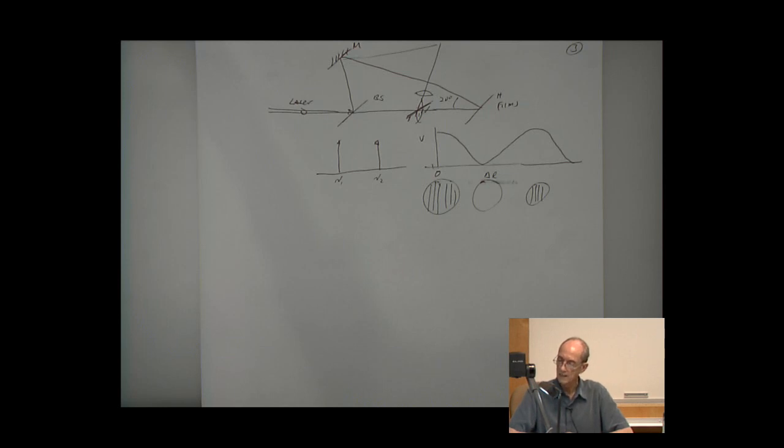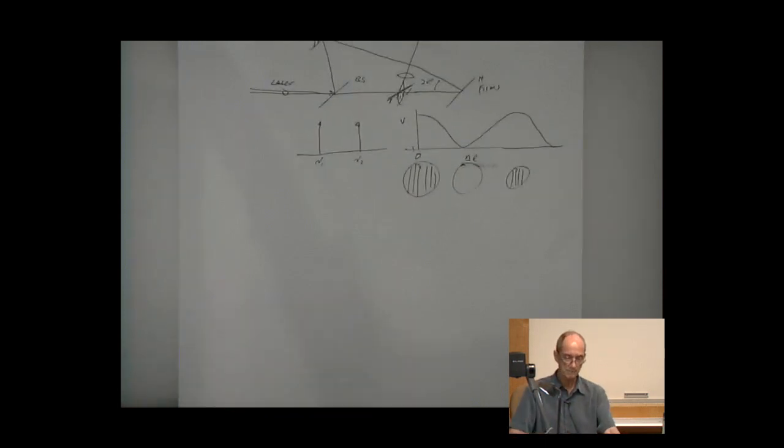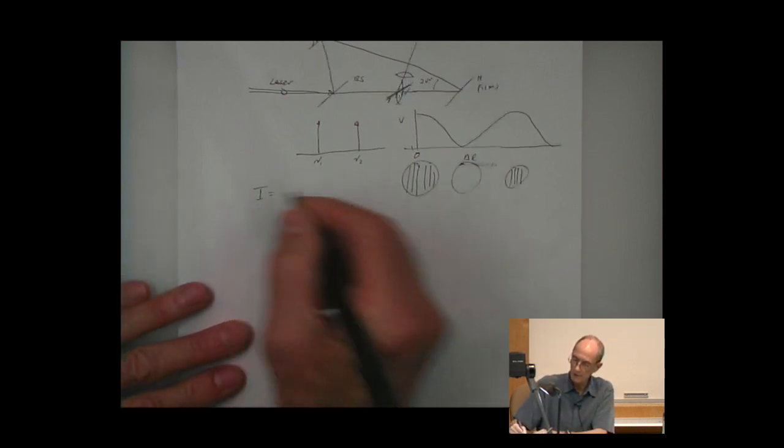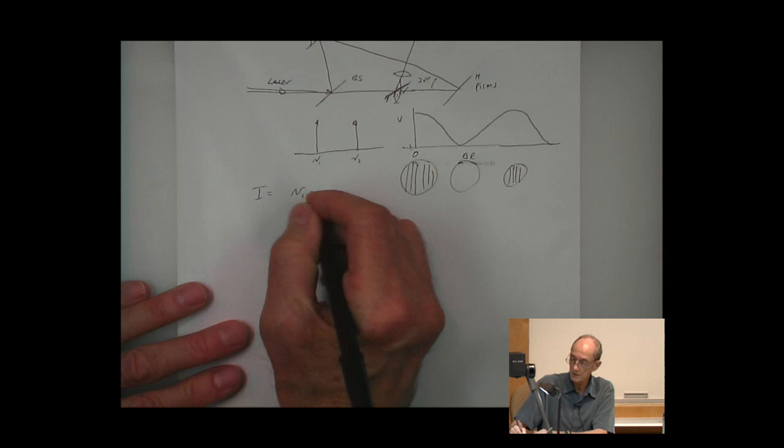And again, a really important consideration. So again, if we have a system where we have two beams, we have some degree of coherence.